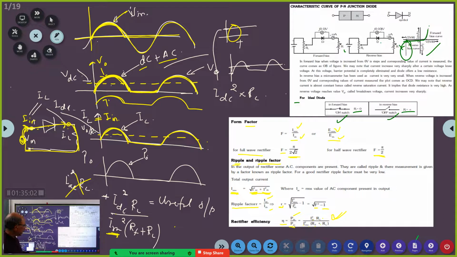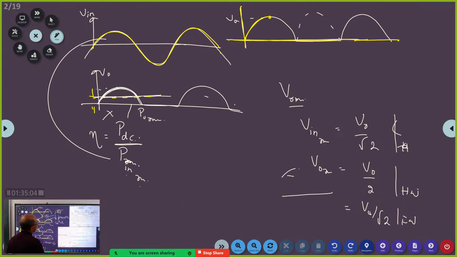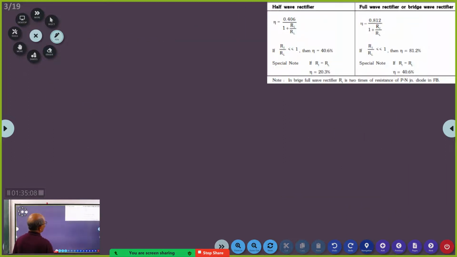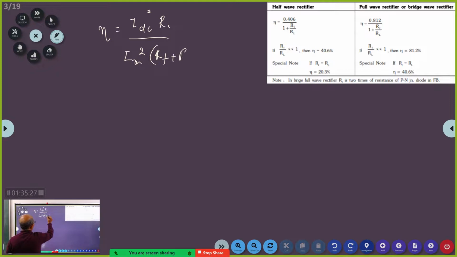So this is the efficiency of the rectifier. Now efficiency of a rectifier is IDC square into RL divided by IRMS square into (RF plus RL). Now what is IDC square?